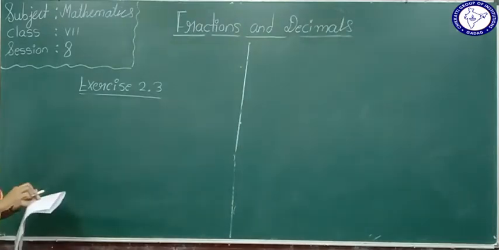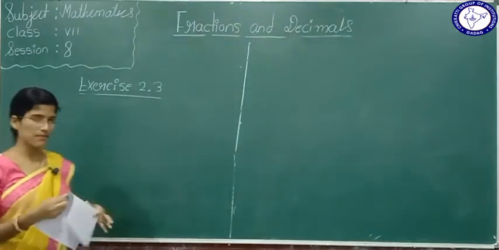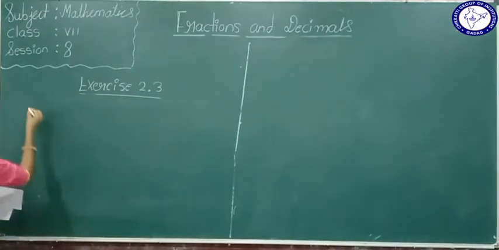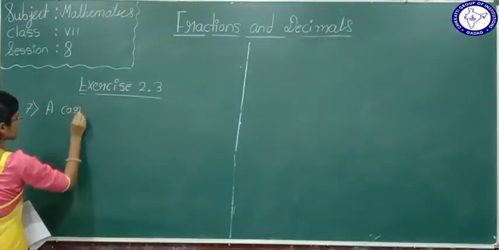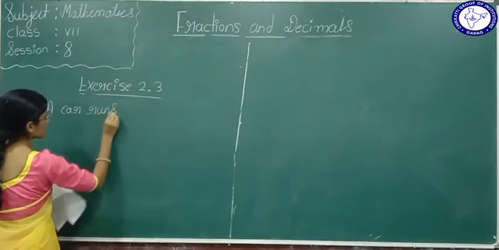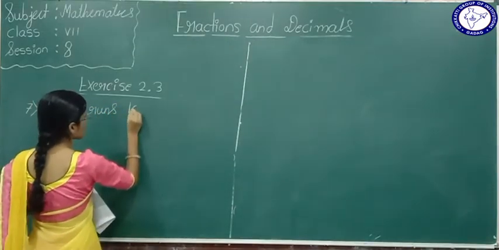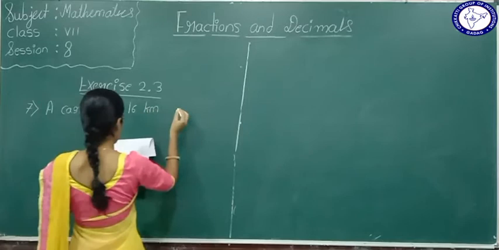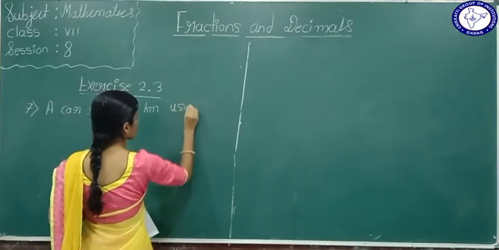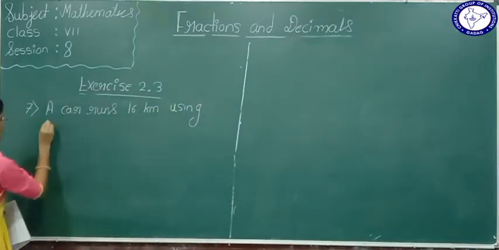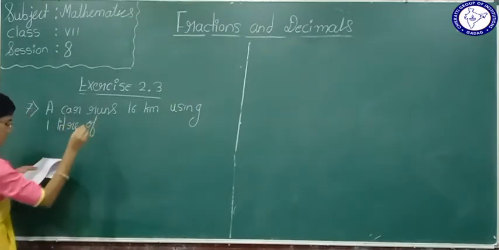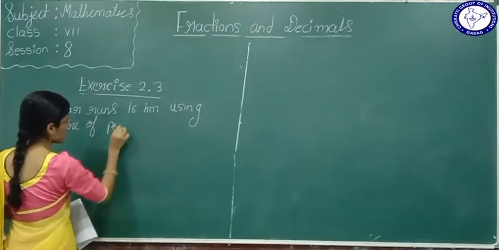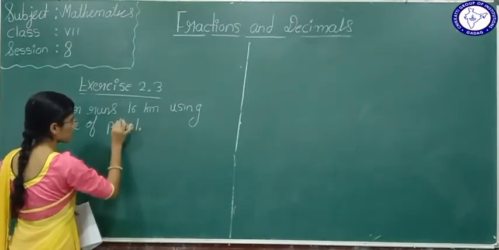So next we will see problem number 7. A car runs 16 kilometer using 1 liter of petrol.